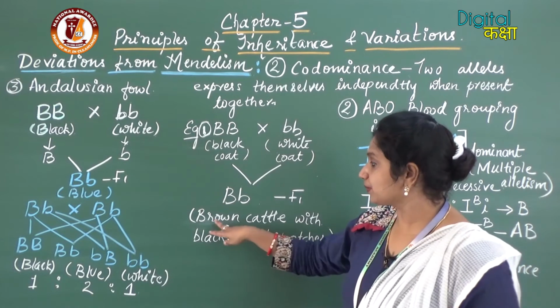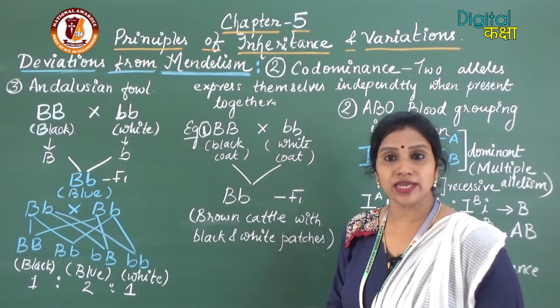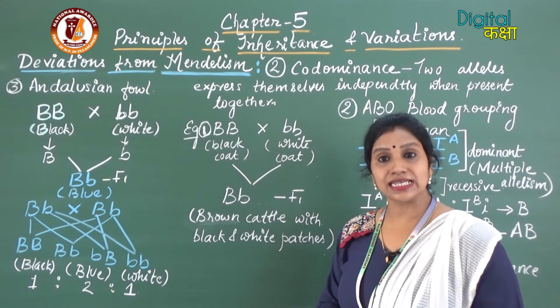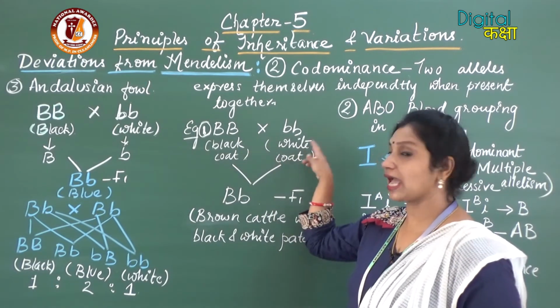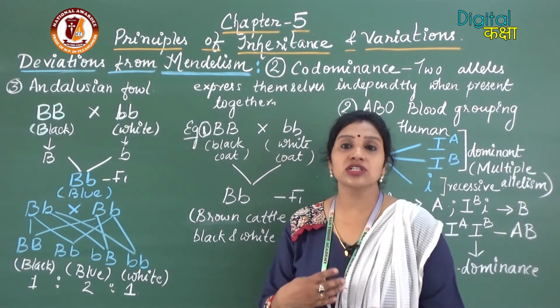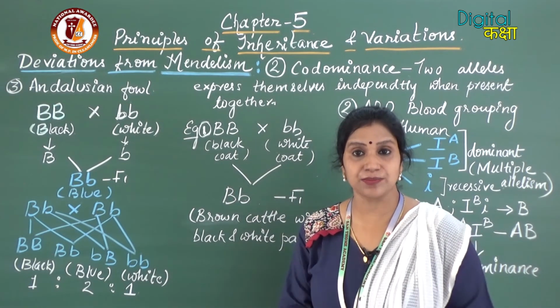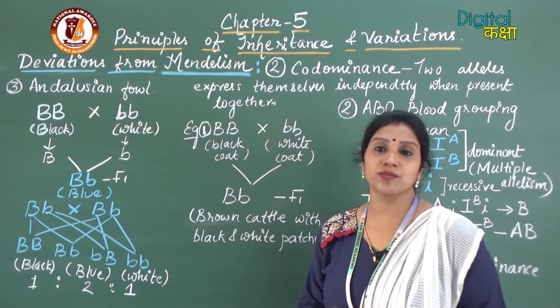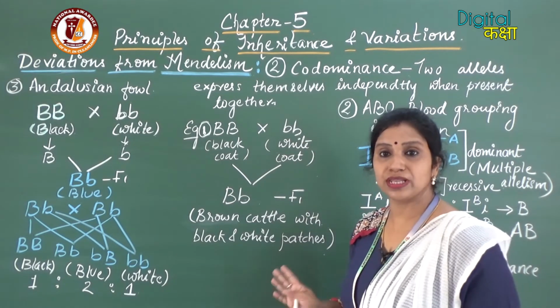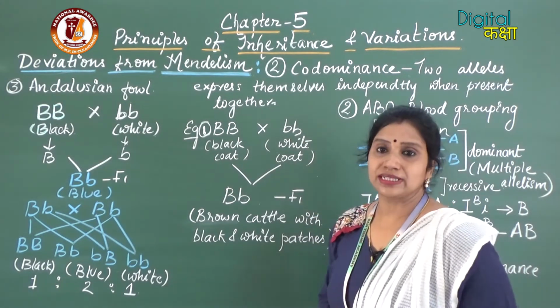Here incomplete dominance is also there. Why? Because the color of the cattle is brown, an intermediate between the black and the white, while the black and white color have also expressed themselves independently in the form of black and white patches. So this is one example of codominance.